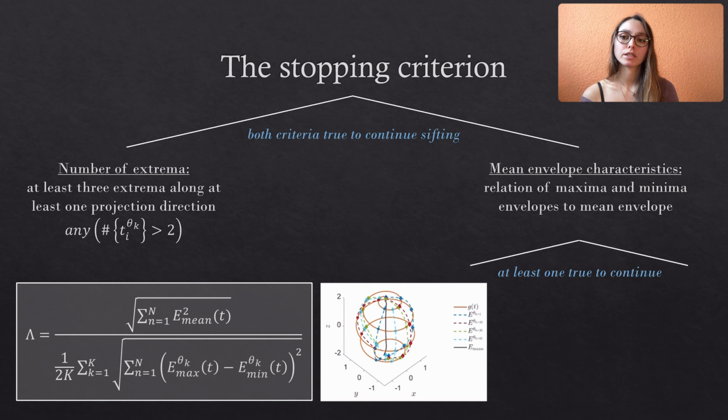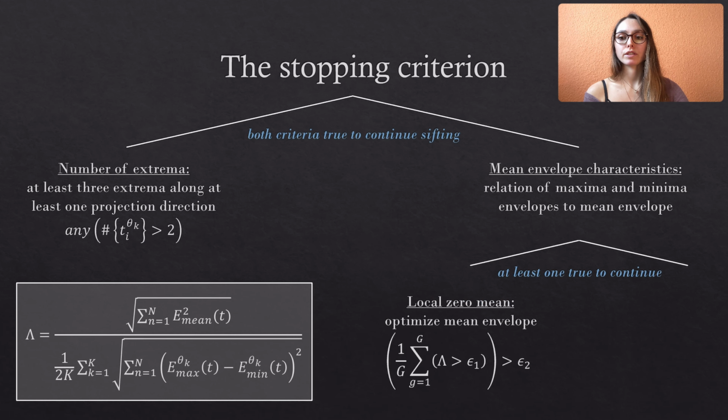As a compromise, we lower the ratio of the mean envelope to the enclosing envelopes. And if this ratio is small enough, we are happy. In other words, we are enforcing the enclosing envelopes to rearrange around 0, until their enclosed area is approximately symmetric around 0. Actually, this is the first part of the second criterion.